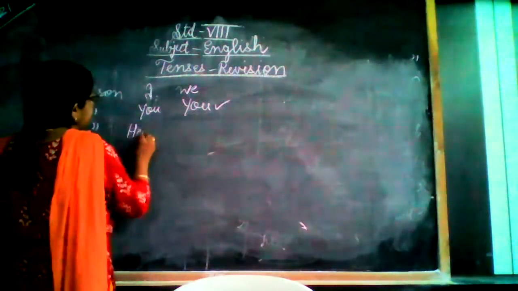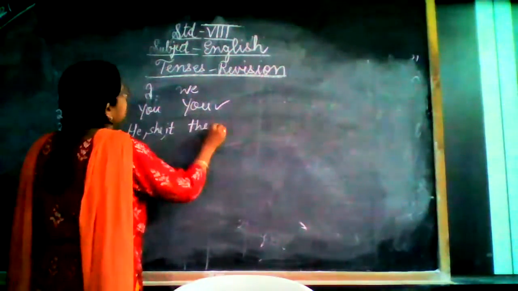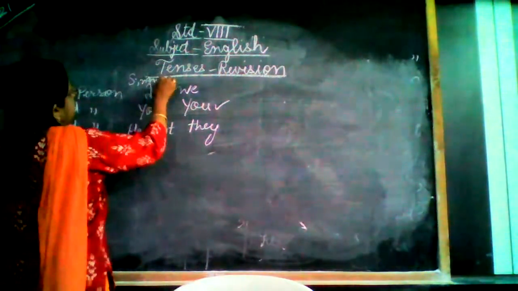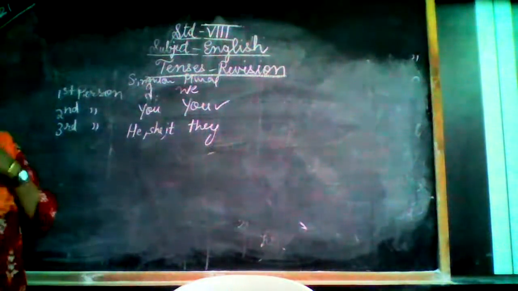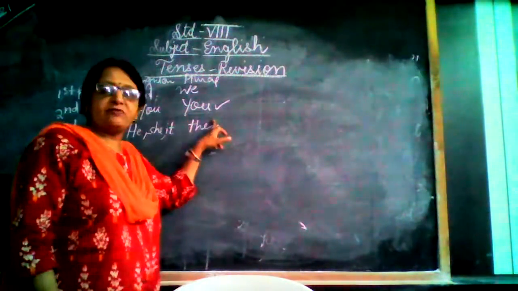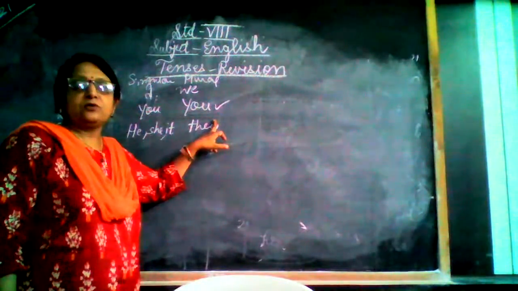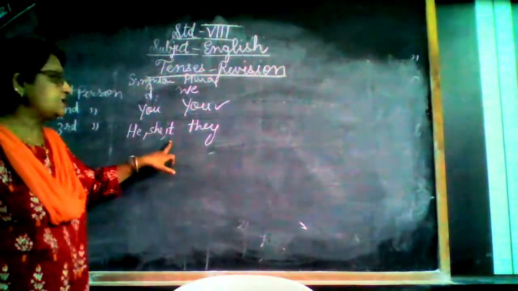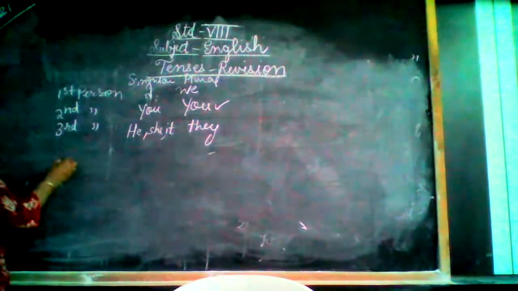And the third person is he, she, it, and in plural you will get they. So this is our singular and plural. We have done this: first person I, we; second person you, always considered plural; third person singular he, she, it, and there is the plural. We have studied this.